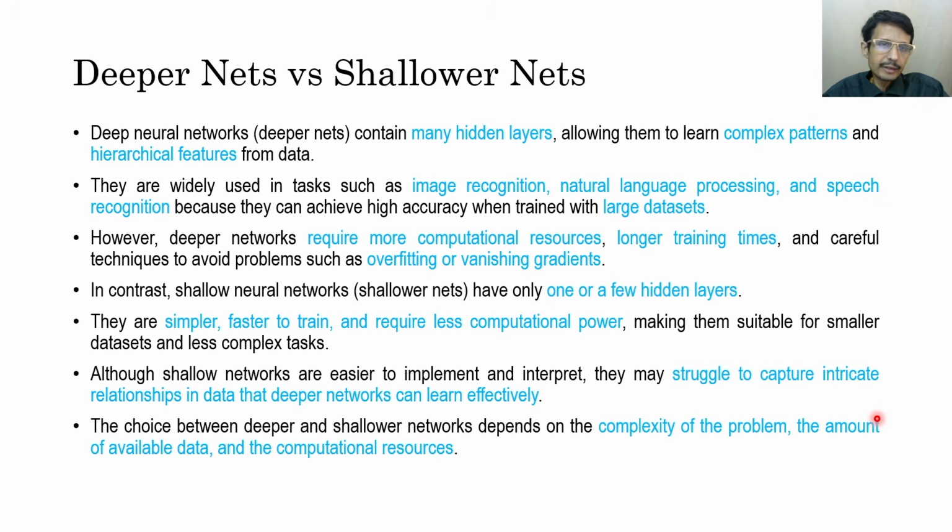It is very obvious that deep neural networks contain more hidden layers between input and output layers, which allows them to learn complex patterns in a hierarchical fashion.